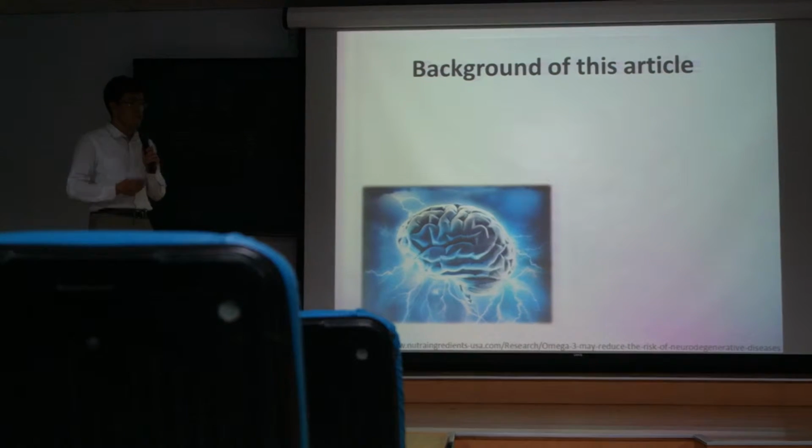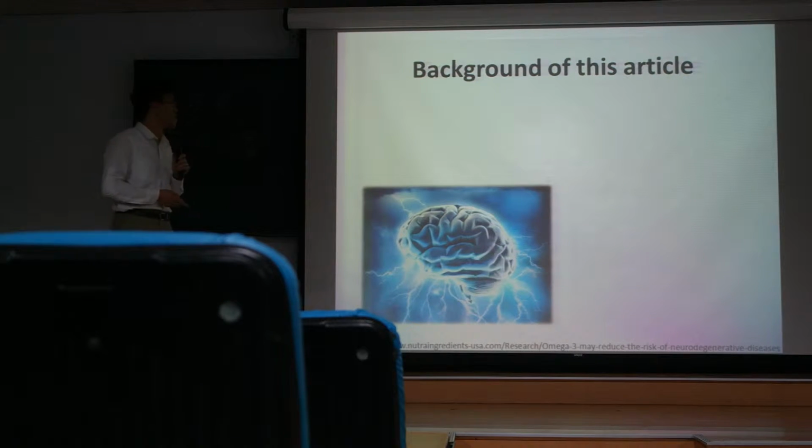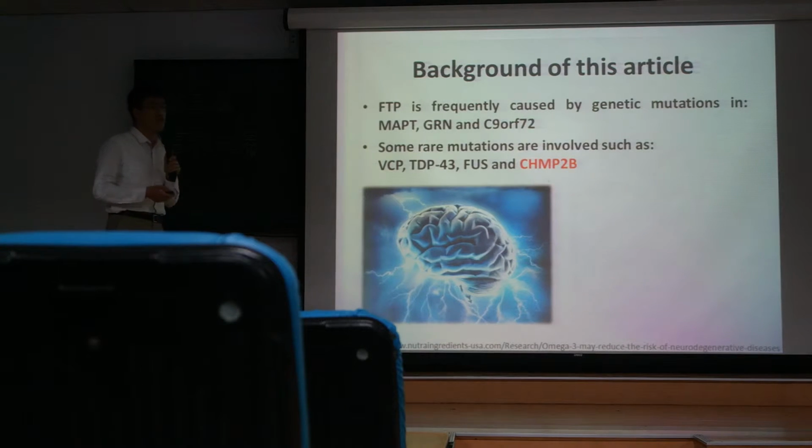And now let me go through the background of this article. As you can see, there are lots of genetic mutations that can be linked to frontotemporal dementia. Some of them cause toxic aggregation, and some of them cause abnormal cell division. But today our main character will be the CHMP2B mutation here.